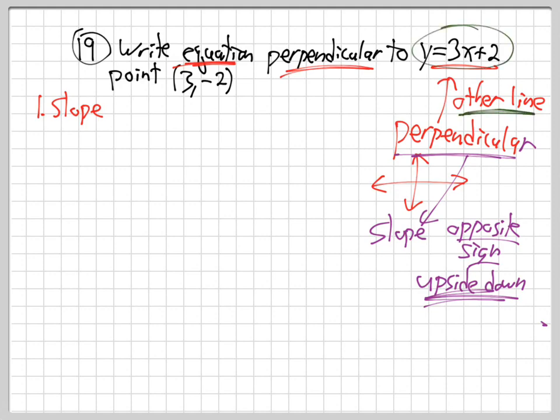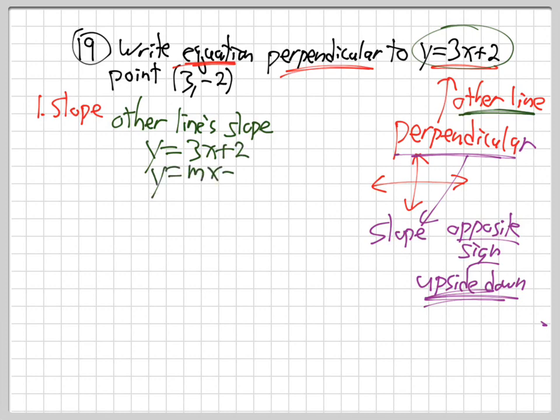Okay, so what's that other line's slope? This is the other line's equation. What is its slope? Well, the other line's equation is y equals 3x plus 2. Do you remember y equals mx plus b? And what's the m? So what's that line's slope? It must be 3.